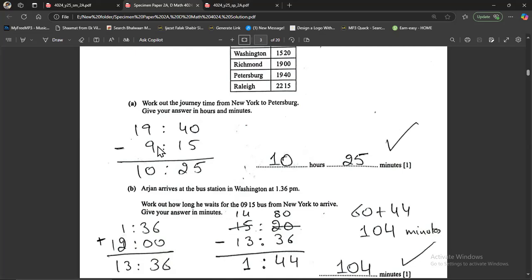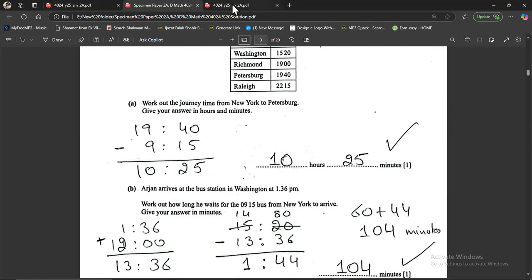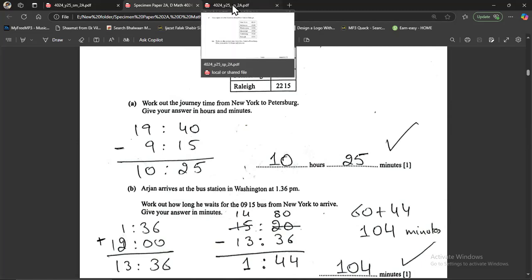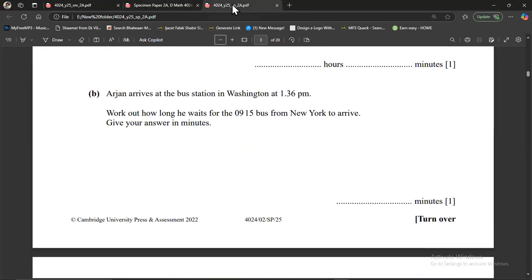From 19 hours, subtract 9 hours, you get 10 hours. So the journey time is 10 hours and 25 minutes. Our answer is right. This is how this is done. From the arrival time, you subtract the departure time, and you get the time of the journey.